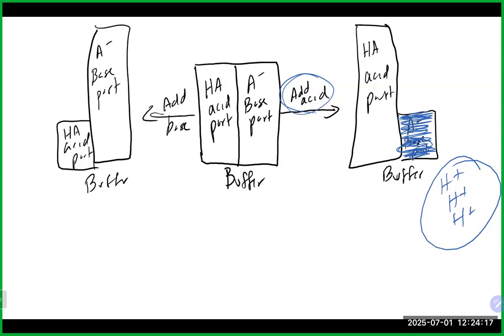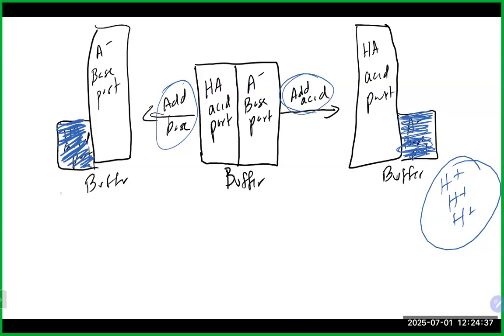Or let's say that instead of the 0.1 molar sodium hydroxide, you grab the 18 molar. Seems close. And you add that to your buffer, right? Your little buffer here probably doesn't have enough acid part to handle all that base coming in, and you're going to blow right through it.